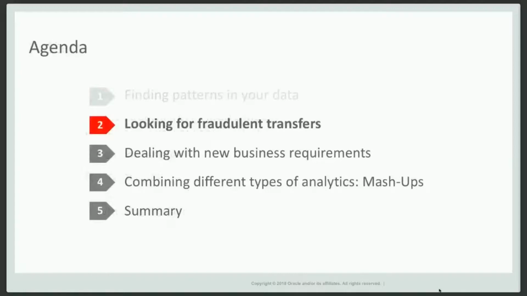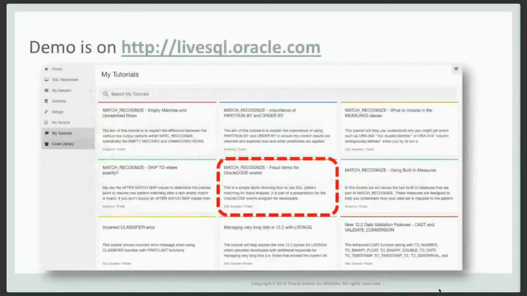So we're going to do a business case now, based on a very simple set of data, and it's looking for fraud within a data stream. What I've done is I've taken this concept and put it into Live SQL. So hopefully everybody knows about Live SQL now.